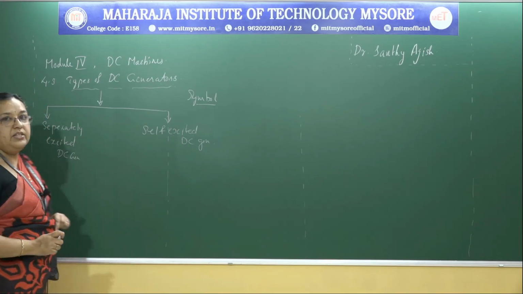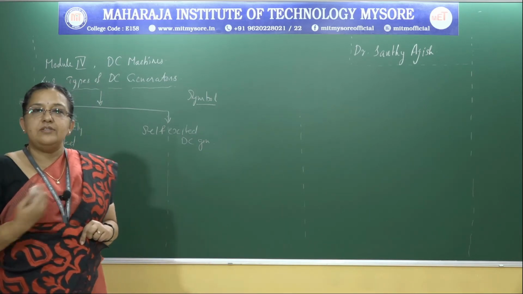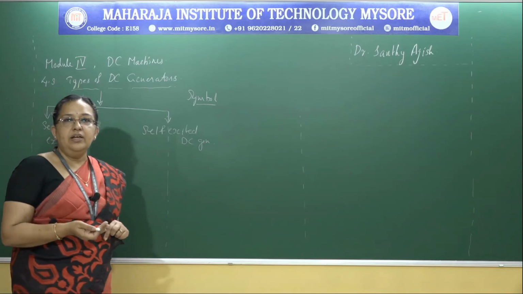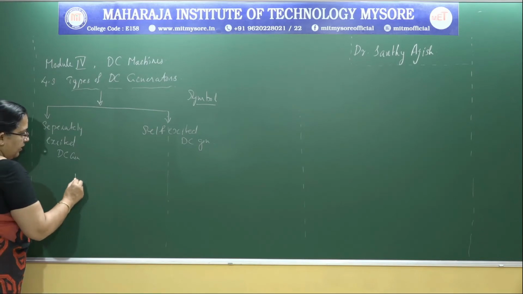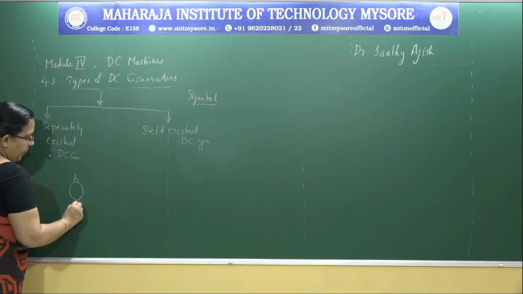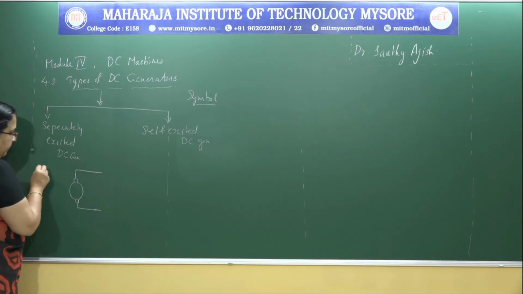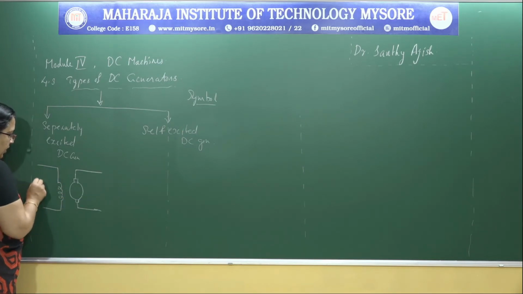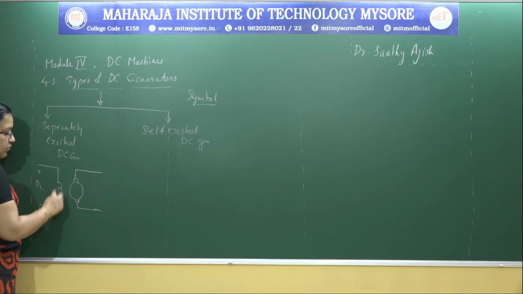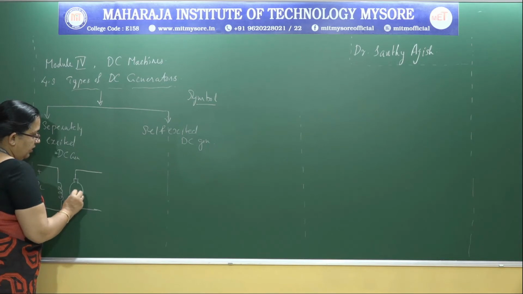Separately excited means the field winding is connected to an external circuit. It is not connected with the generator circuit, or you can represent it as, so this is the DC supply which you supply to the generator, and this is the generator which will produce the induced EMF Eg.